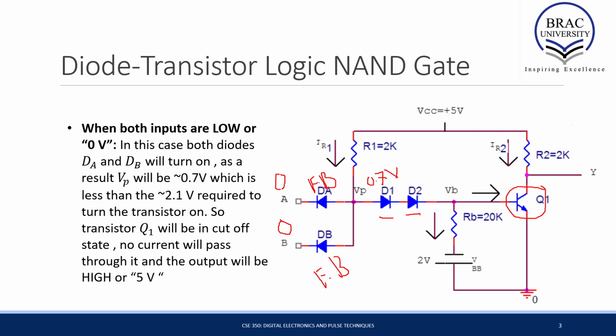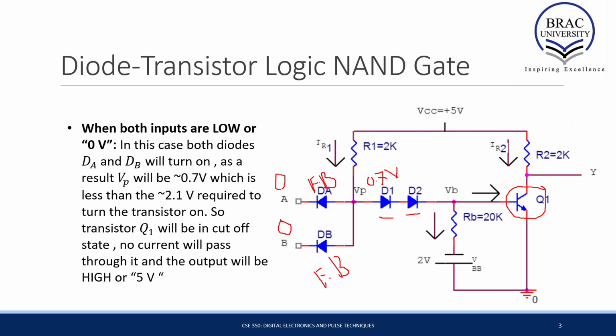And similarly, this transistor Q1 has two diodes. One of them is a base emitter junction, so this will have a voltage drop of 0.7 volt too. So three times 0.7 volt is equal to 2.1 volt. To turn the transistor on, Vp has to be 2.1 volt or greater.